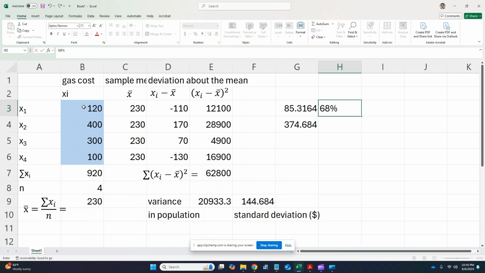And we can see how. From 85, most of these numbers are falling between these two numbers.